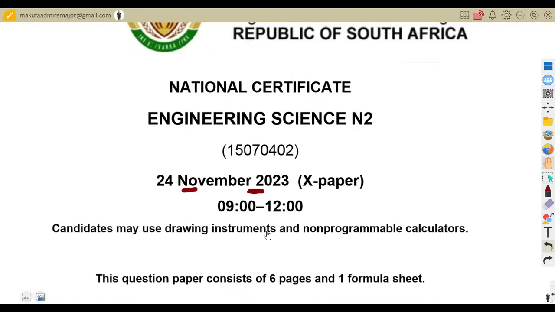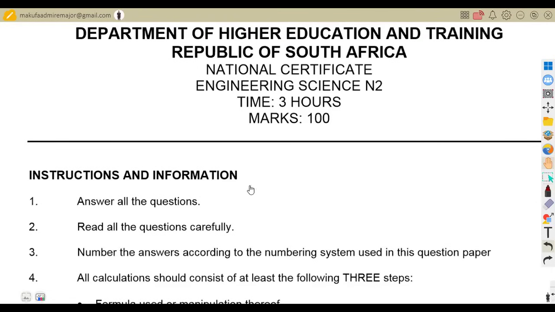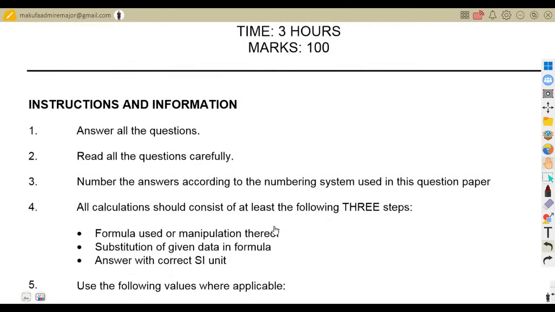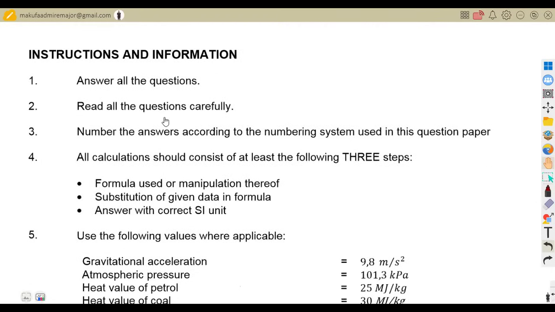All right, so we shall quickly rush through our questions. Like I always say, make sure that you read your instructions and the information that we are given here. Answer all of the questions, read all the questions carefully.